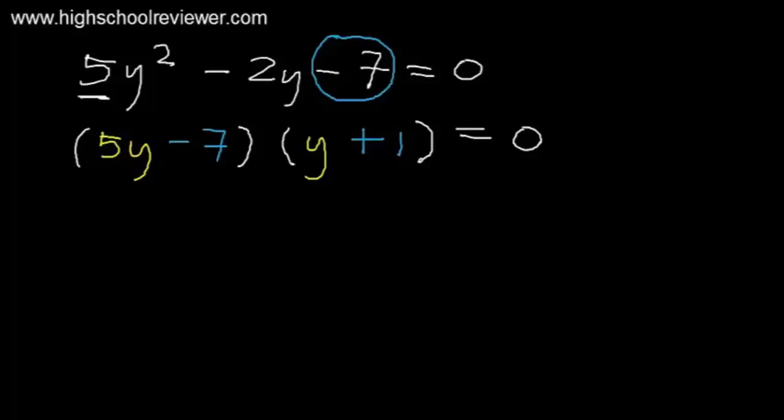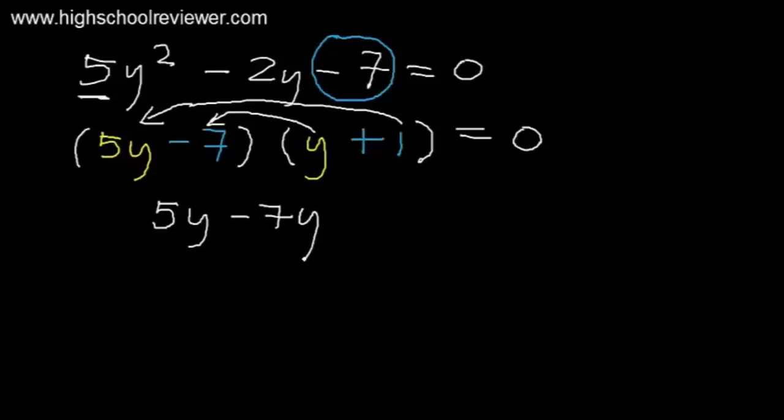Now let us check if our factors are correct. We will get the product of our outside terms: 5y multiplied by positive 1 is 5y. And then we have y multiplied by negative 7, these are our inner terms, so we have negative 7y.